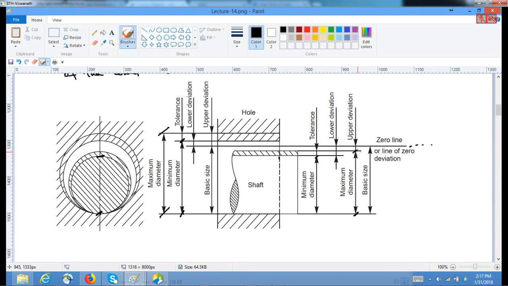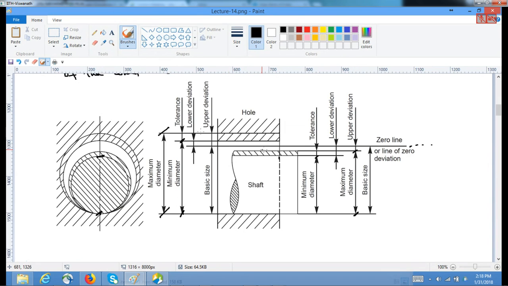The upper deviation is for the maximum diameter, and the lower deviation is for the minimum diameter, similarly for the hole.